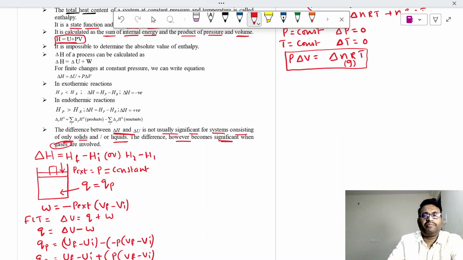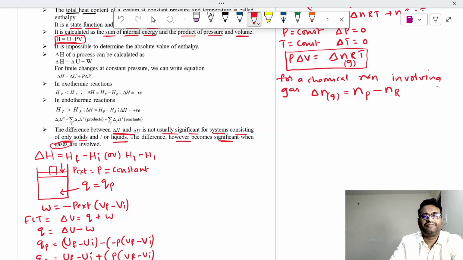So for a chemical reaction involving gases, delta Ng is equal to the number of moles of gaseous products minus the number of moles of gaseous reactants.